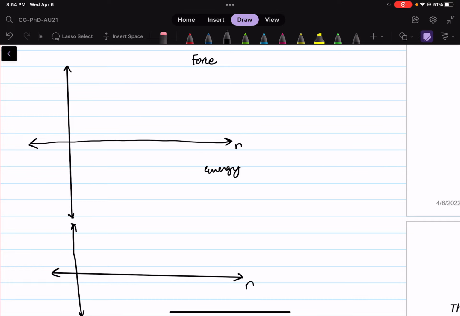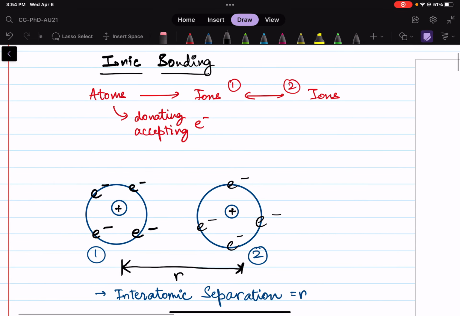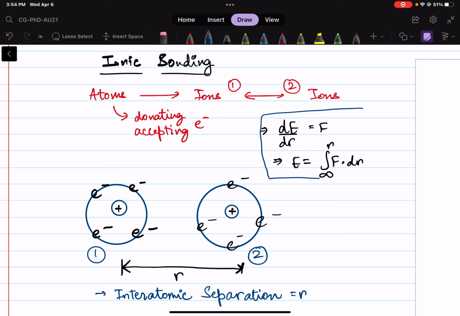X-axis is small r in both situations, and always remember a relation between force and energy is that dE over dr equals F, or you could also write it as E equals the integral of F dot dr, integrating from infinity to r. Very, very important relation. Always remember that this works in any system. This is a general definition.